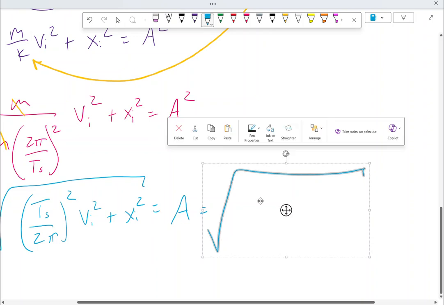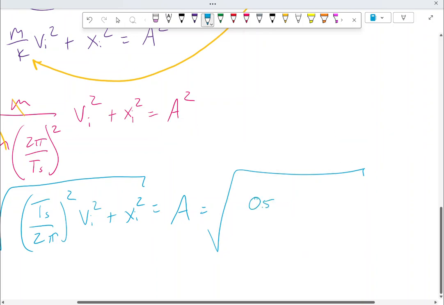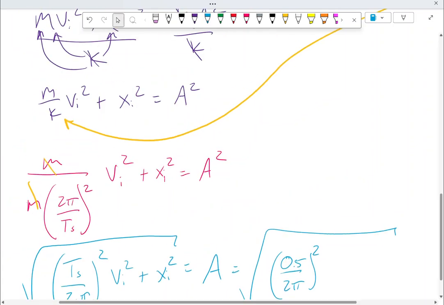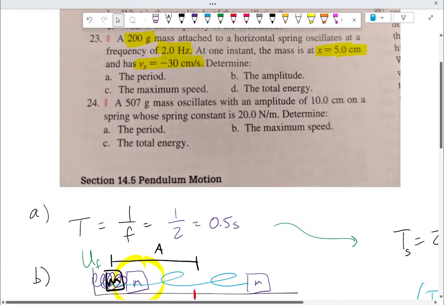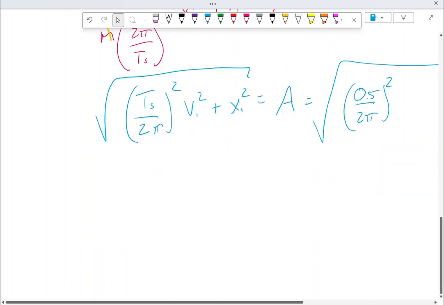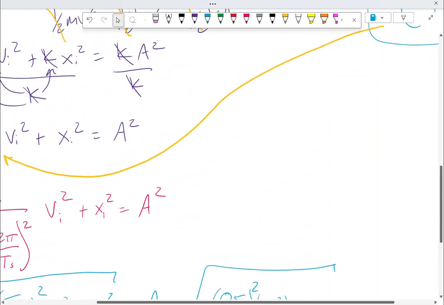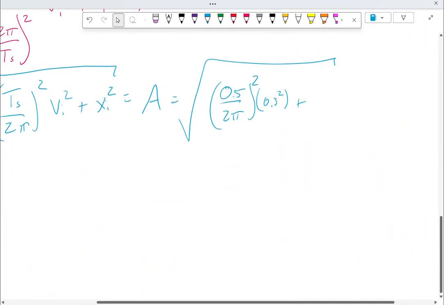The period we saw was 0.5 divided by 2 pi squared. The initial speed, I think it was 30, so 0.3 meters per second squared, and then plus the initial position, which is 5 centimeters, so 0.05 squared.